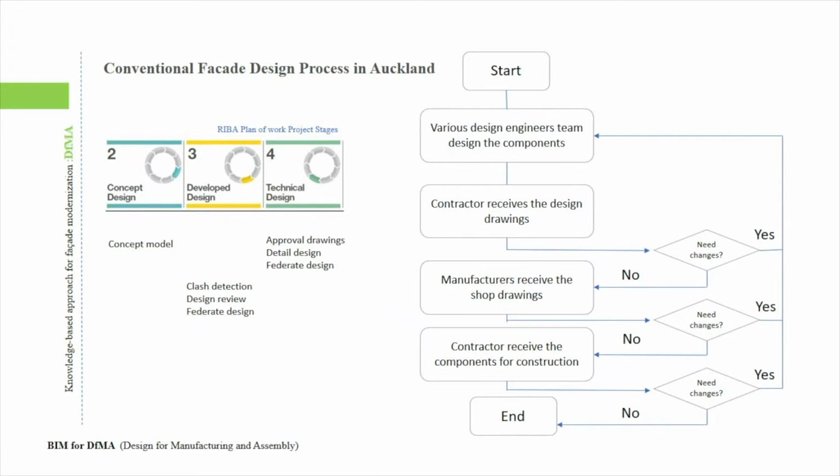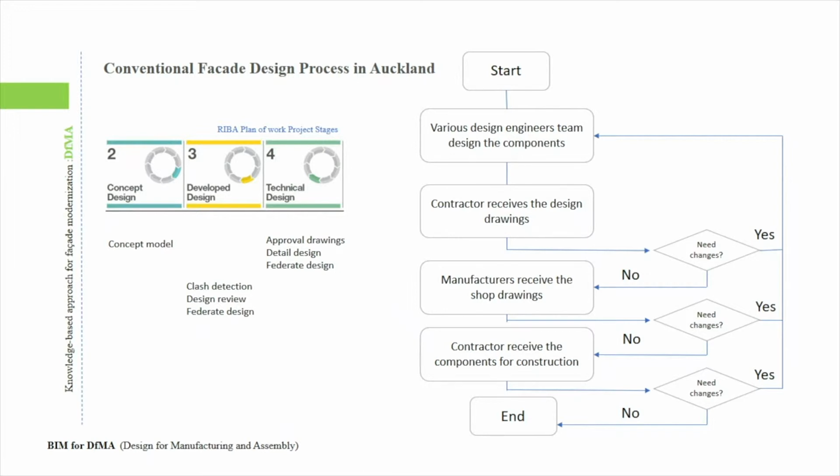First of all, the design engineers develop design and construction drawings of facades, and then deliver these drawings to a contractor. But this delivery is often through a client, through a third party, not through the original engineering company.